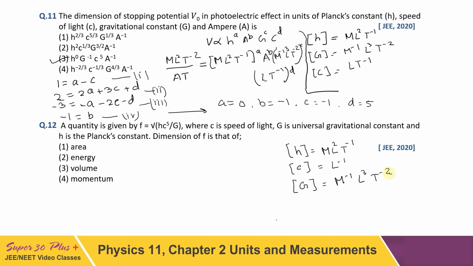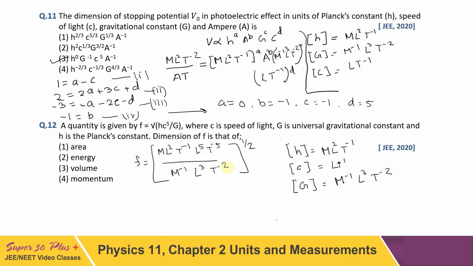Simply substitute these and then you would get F is equal to, this whole is having power 1 by 2, and inside we have to write H, that is m L2 t minus 1. Then power of C is 5, so it has to be written L5 t minus 5 upon G. G is m minus 1 L cube t minus 2.